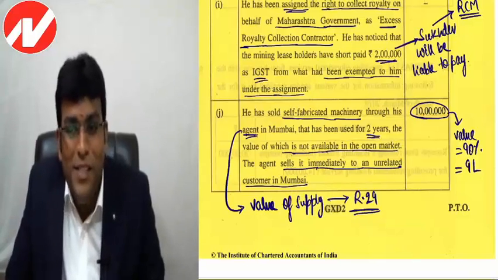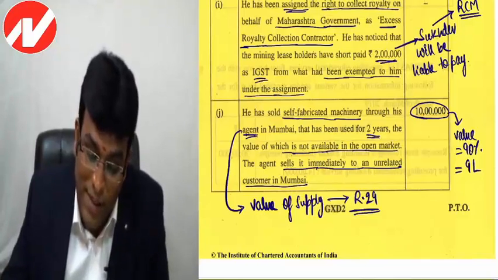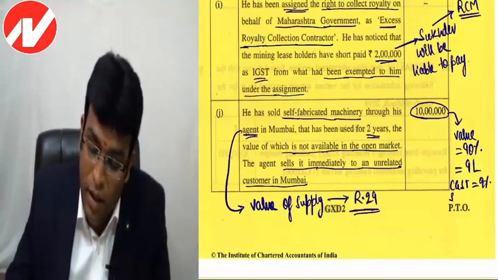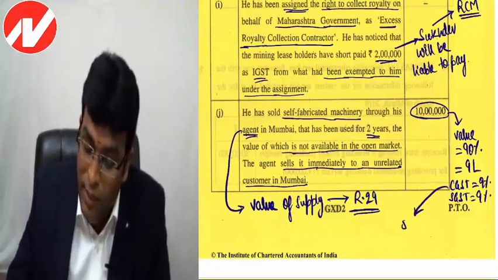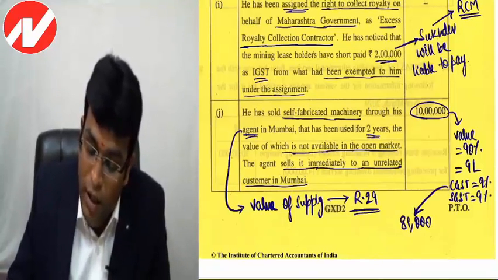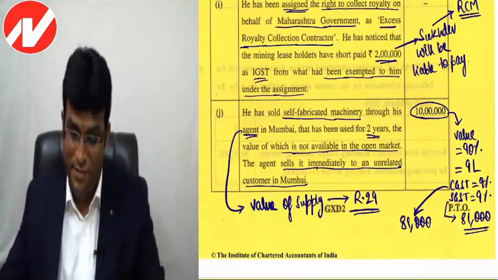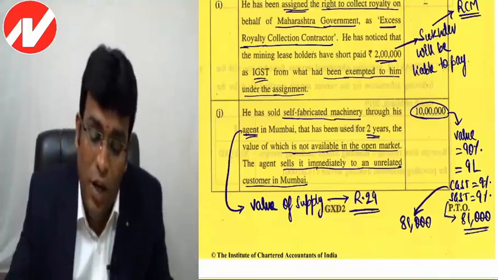Getting clarity, my dear friends? Very good. And on this 9 lakhs, CGST 9%, SGST 9%. So CGST will be 81,000, SGST also will be 81,000. Correct, right? But it's actually not 9%.